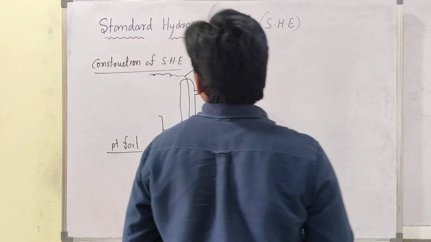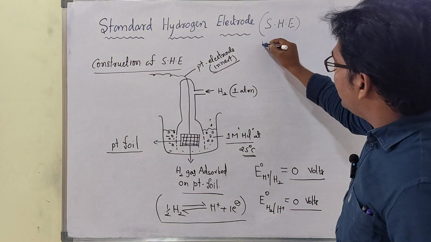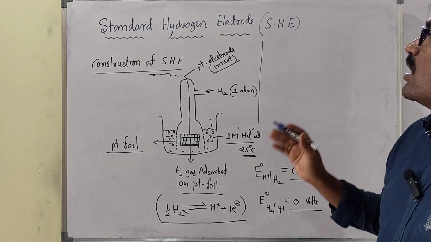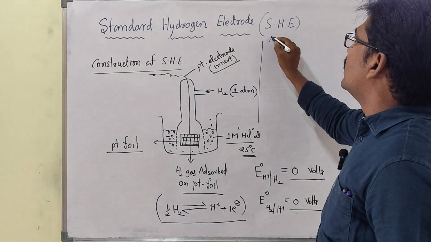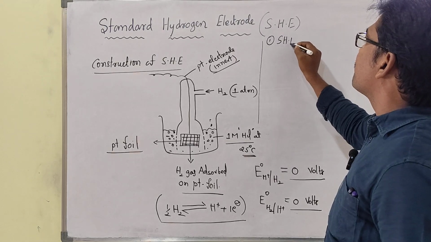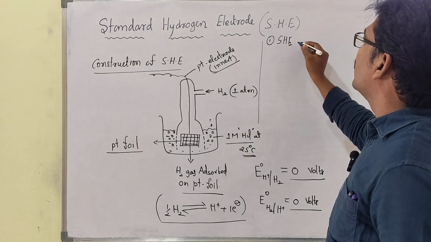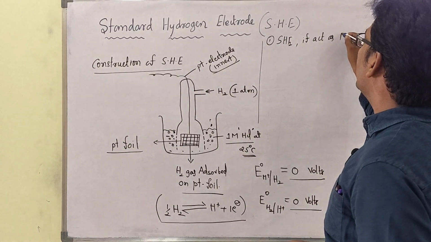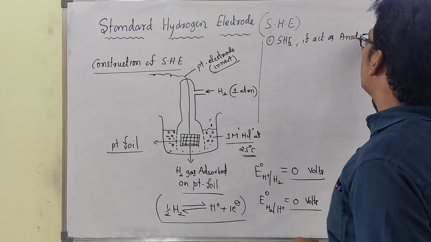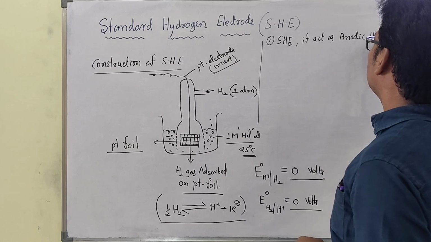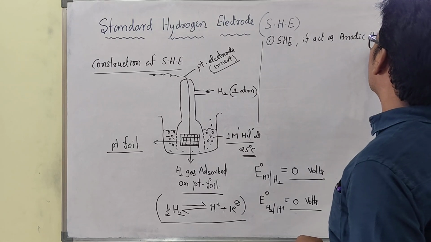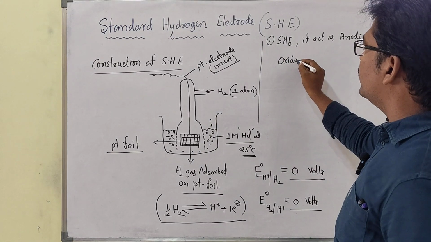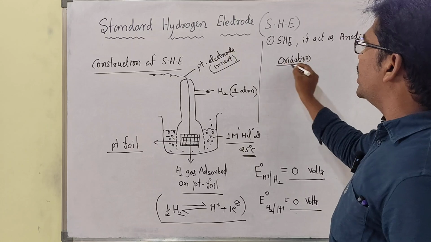In case SHE acts as anode, that is, as the anodic half cell, what happens here? Oxidation takes place. What is oxidation?